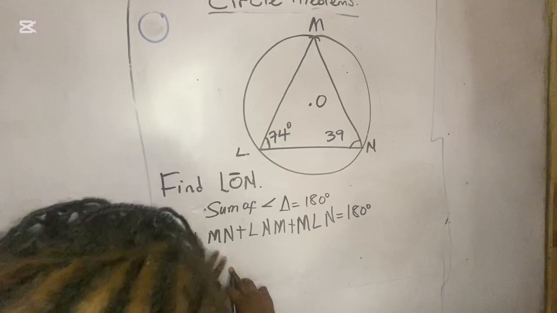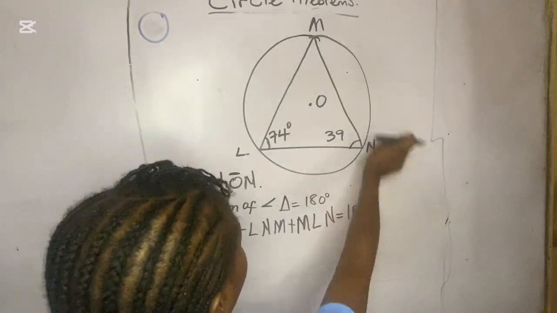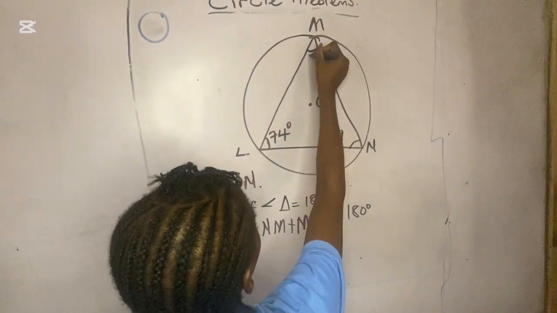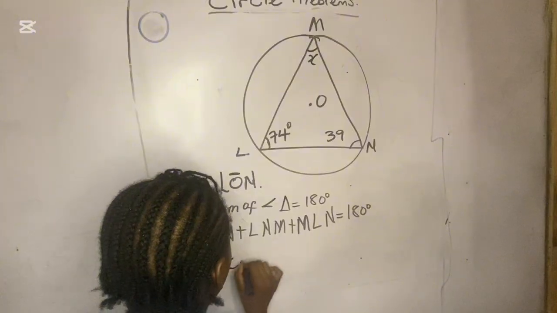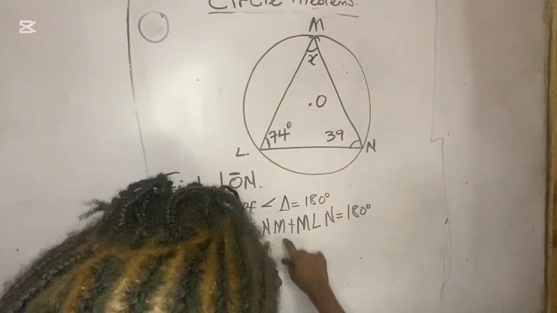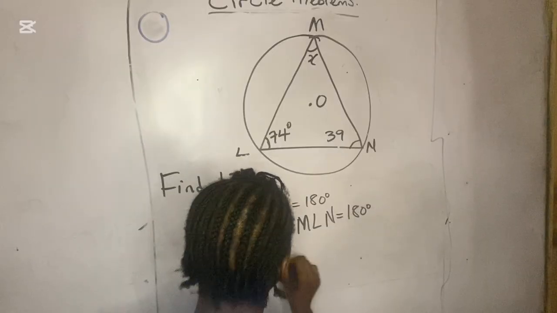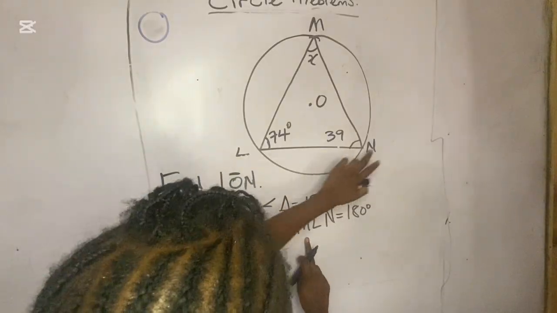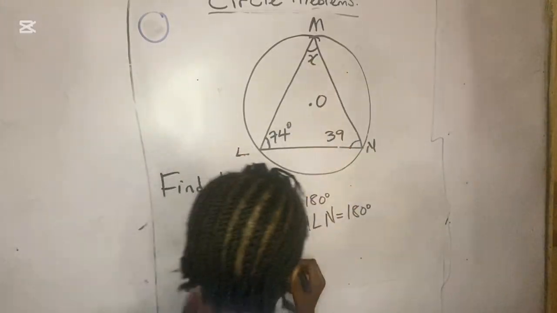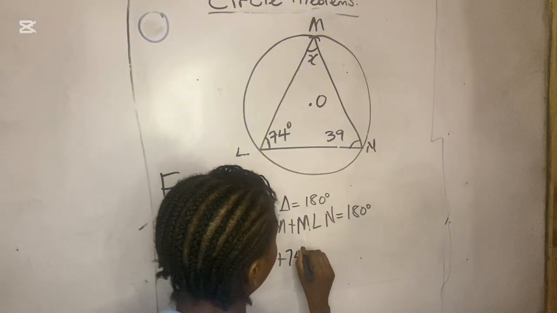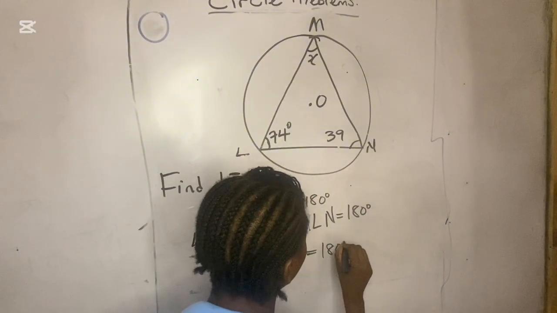So our LMN is the one we're looking for. Let's name it X. That's X plus LNM, which is 39 degrees, plus MLN, which is 74 degrees, equals 180 degrees.